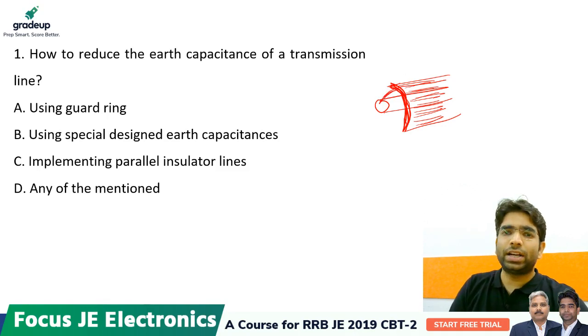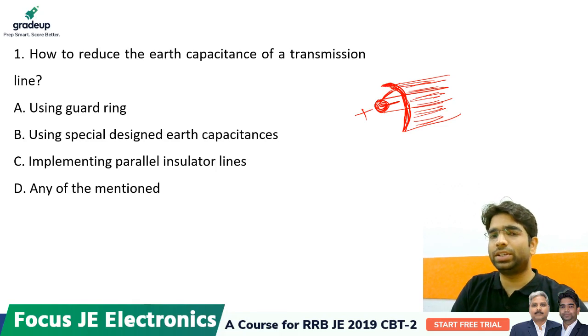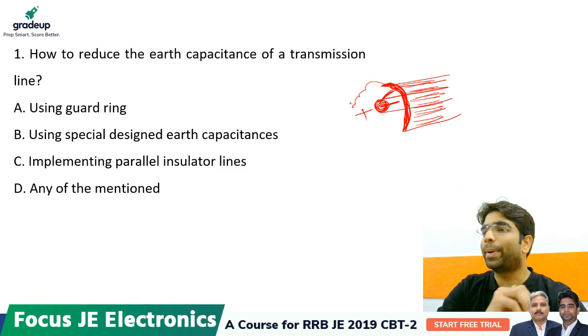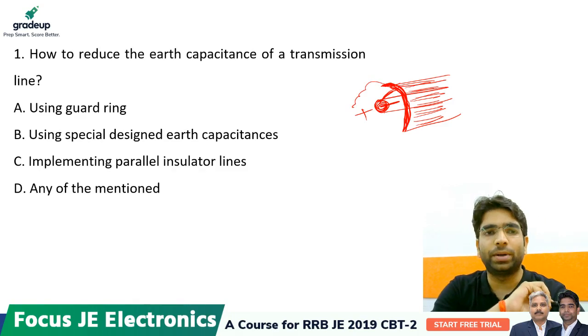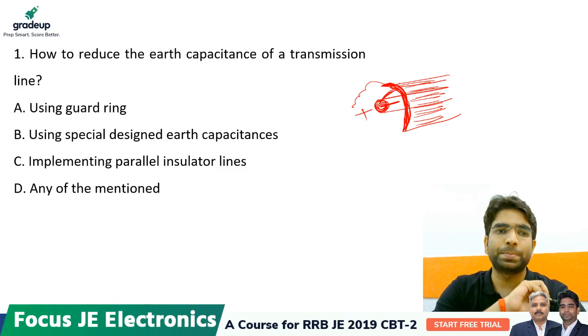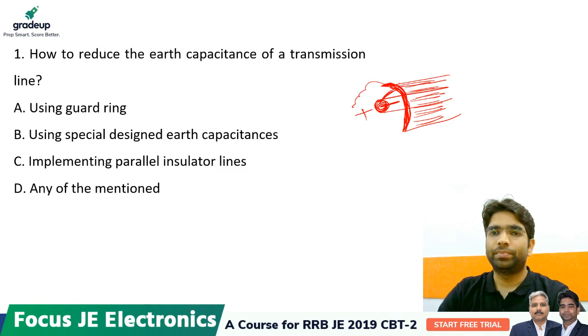Due to this leakage charge, don't you think that this core is carrying some current, having a positive voltage, and there may be some leakage charge on the insulator? Due to this, an earth capacitance comes into picture, and this can be avoided by using guard rings. Actually, to avoid the insulation breakdown, guard rings are used, which minimizes the earth capacitance of the transmission line.